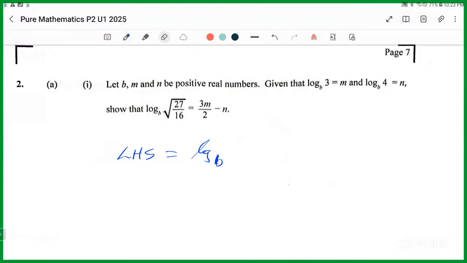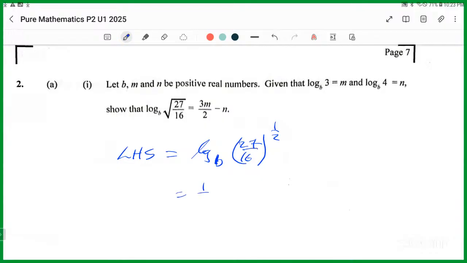So 27 is a perfect square. All right, so let's write it as 27 over 16 to the half. This is a square root. Now I'm going to bring the half to the front.